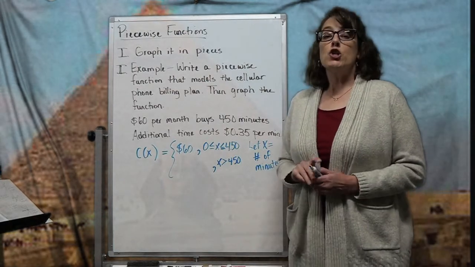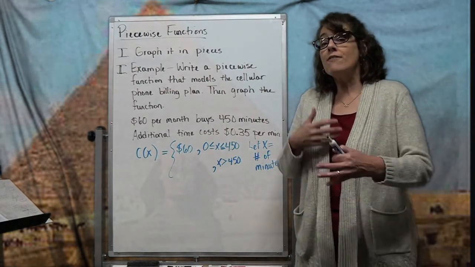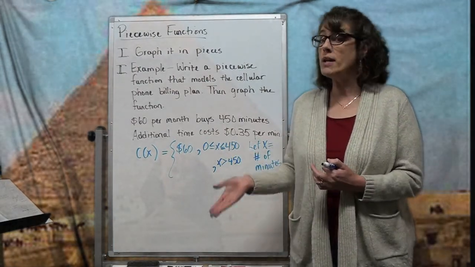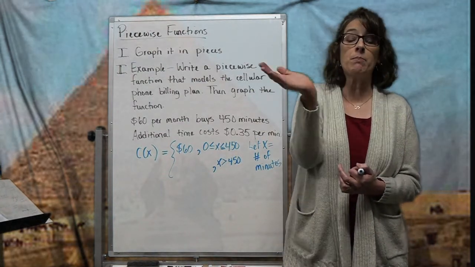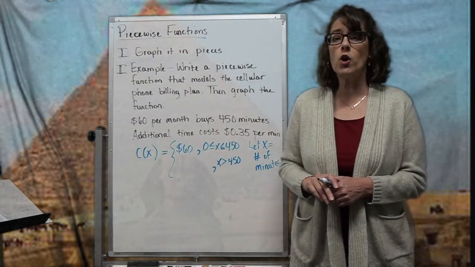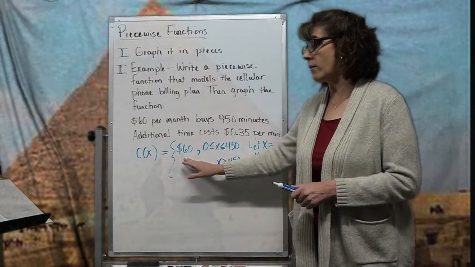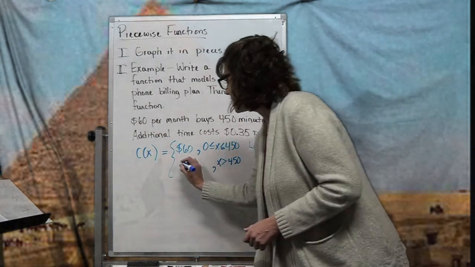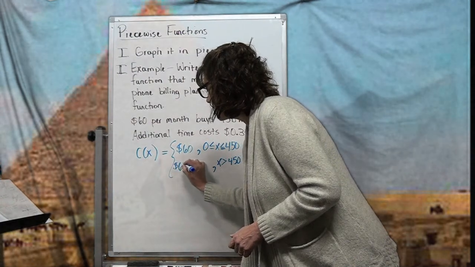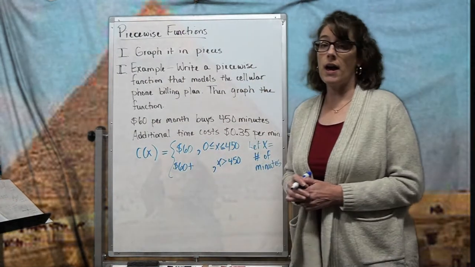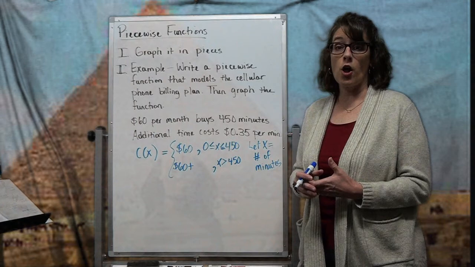Okay. So now recall, in order to figure out how much are we going to be charged once we go over that tipping point, beyond that 450, what are we going to be charged? Now recall, we will still be charged our $60 flat rate. That's not going to change. So I'm going to take my $60 and I'm going to add to that a dollar amount.